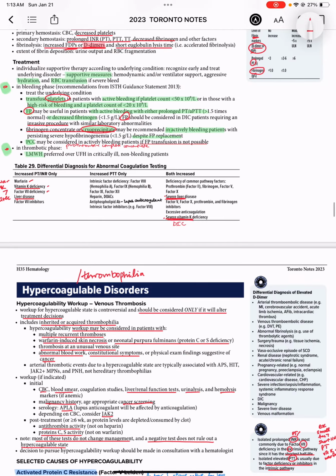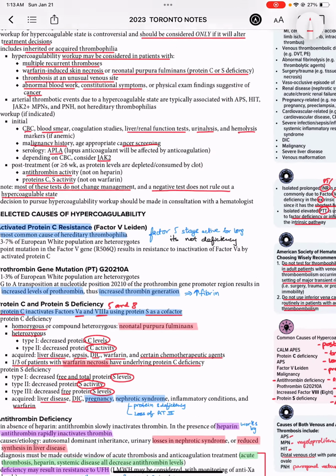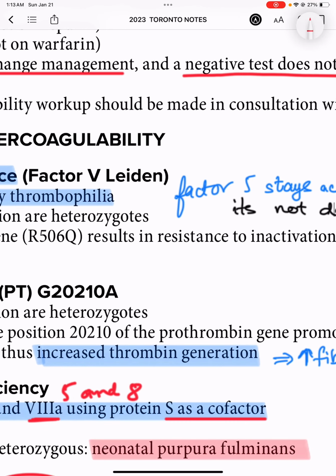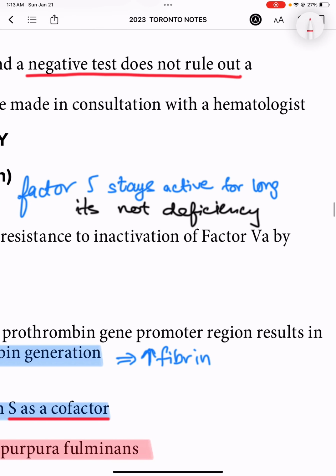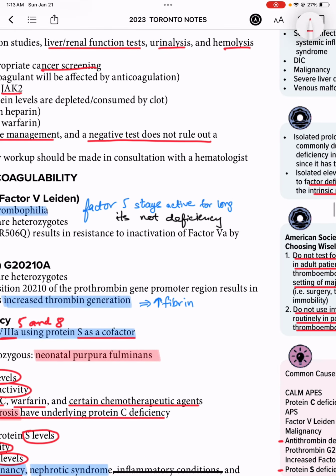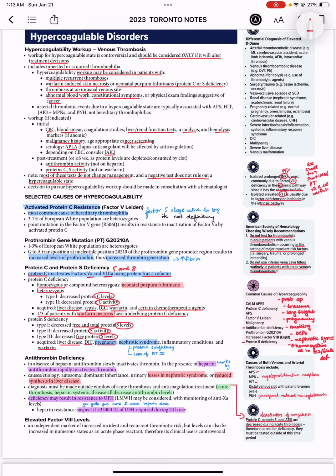So factor 5 deficiency would prolong it, but in factor 5 Leiden syndrome, the factor 5 stays activated for long. It's not deficient, it's the opposite. The factor 5 remains as factor 5A for longer and longer, because protein C has to inactivate it, and they are resistant to protein C, so they do not inactivate the factor 5.